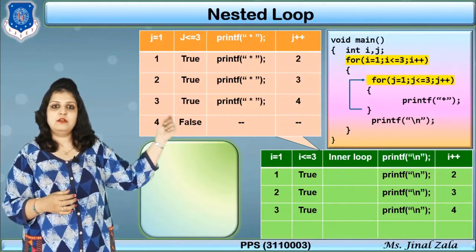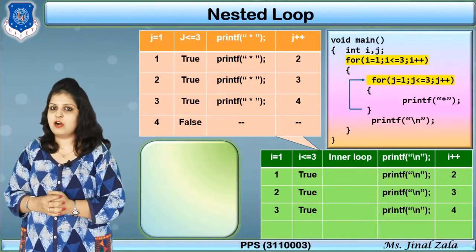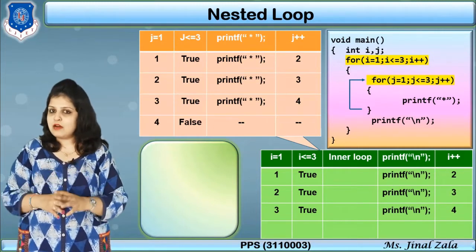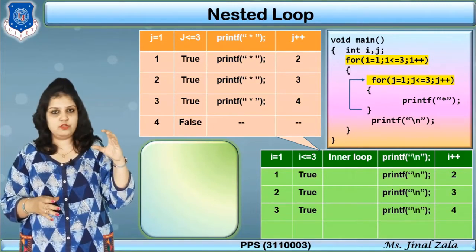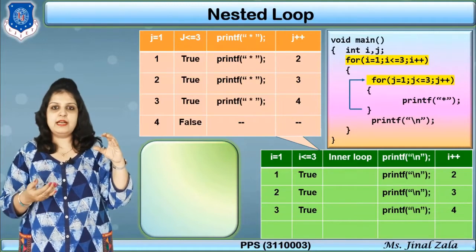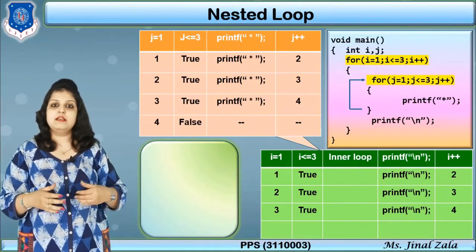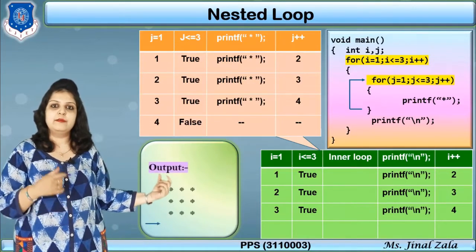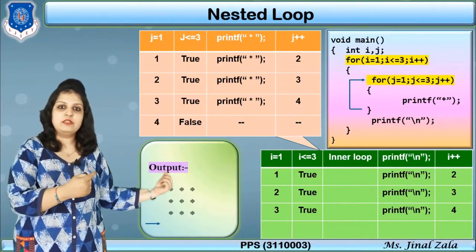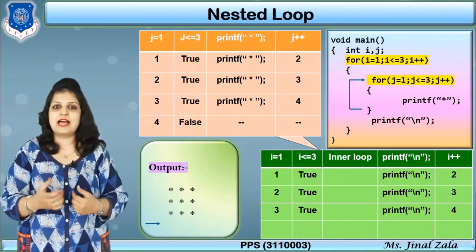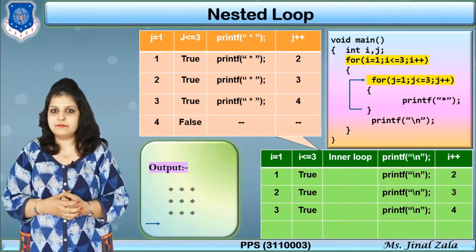So 4 less or equal to 3, our condition becomes false now. So now our outer loop execution will be stopped, and then after that our control goes to the next statement, meaning in output we will get the pattern of 3 rows and 3 columns, printed with stars.